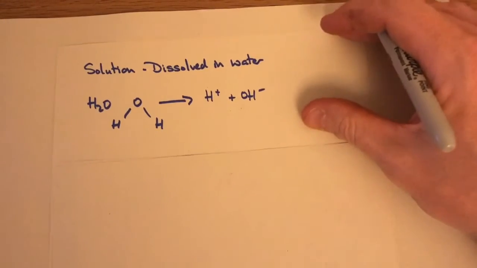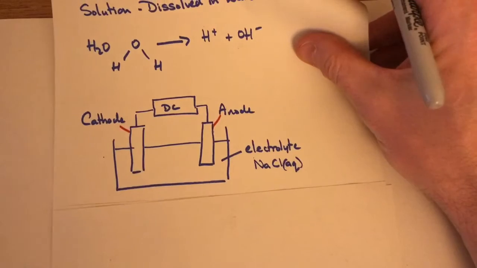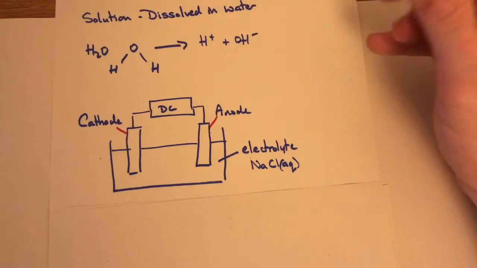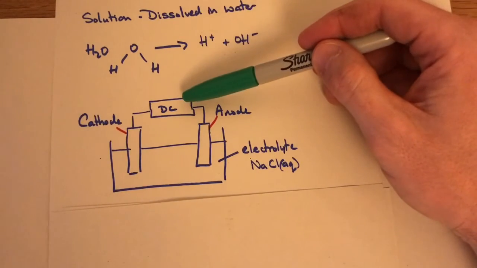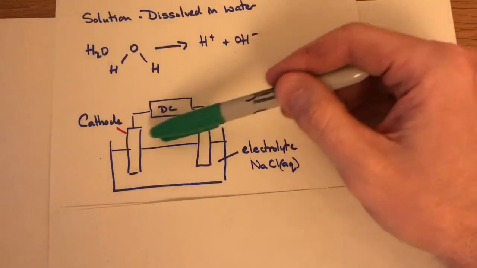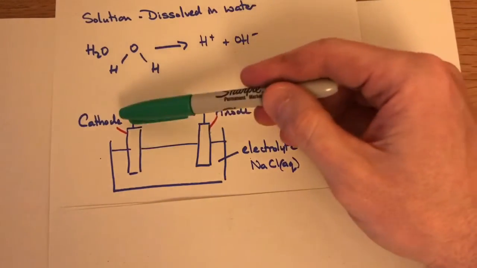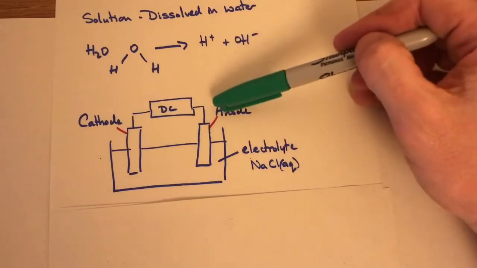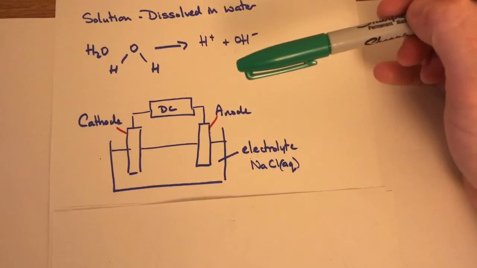Just a reminder that the electrolysis setup, here's our DC electrical supply. Then we've got our two electrodes that are made from graphite. One of them is going to be the cathode, and the second one here is going to be the anode.